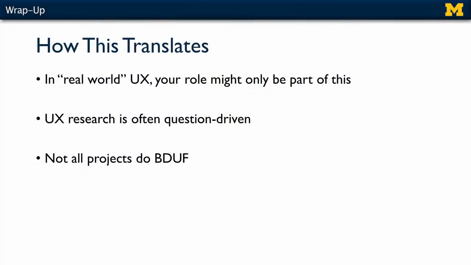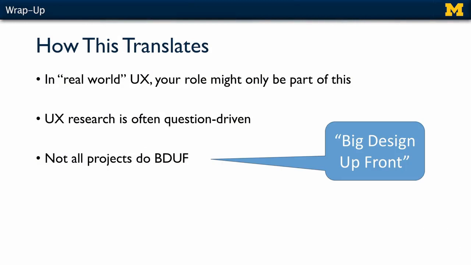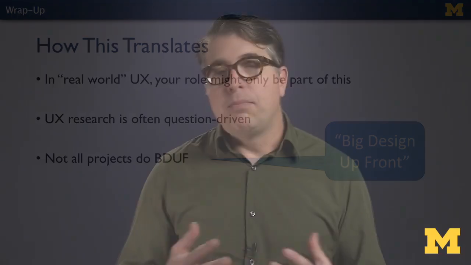Another difference that you might find is that not all projects do big design up front. In this project, we did multiple rounds of iterative design and produced a prototype that would then have to be turned over to software developers who would develop it into a real product. Many organizations use agile methods where the programming and the development is happening alongside the design activities.